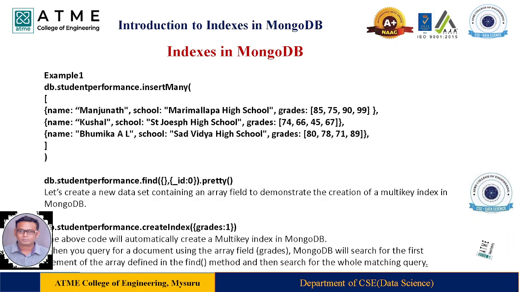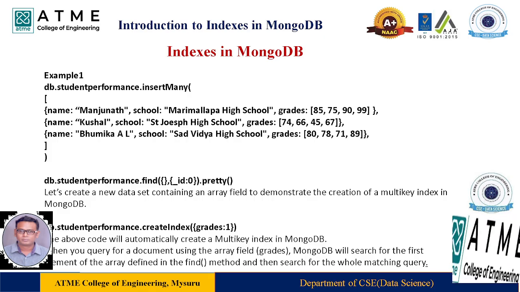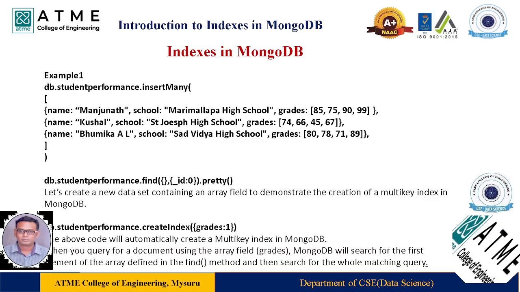So we can consider here a student performance collection. It consists of name, school, and grades, where grades is an array. Name Manjunath, school Marimalappas, with the grades obtained by him, and name Kushal, similarly St. Joseph High School, with the grades obtained by Kushal.